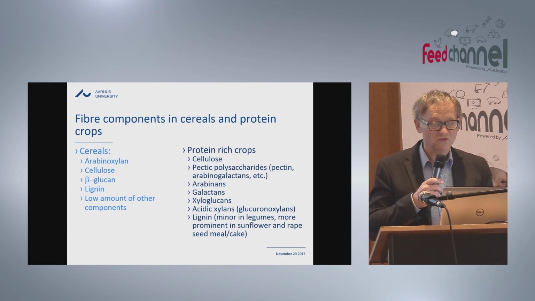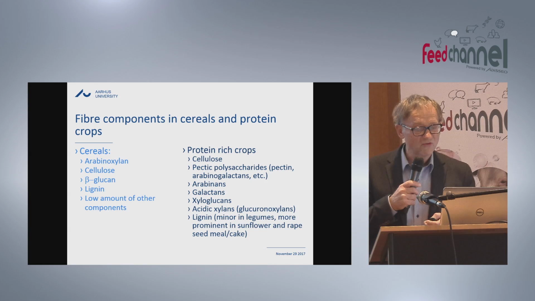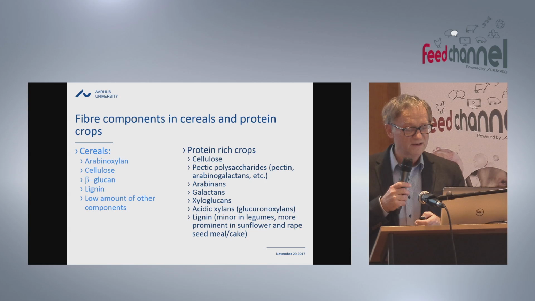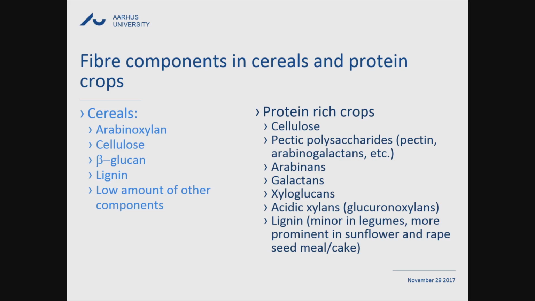When you're looking into the protein-rich crops, the picture is somewhat different. You will have cellulose as the main component. Then you also have pectin polysaccharides, arabinans, galactans, xyloglucans, and acidic xylans, and then also lignins.